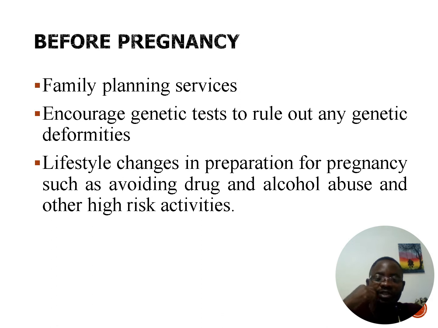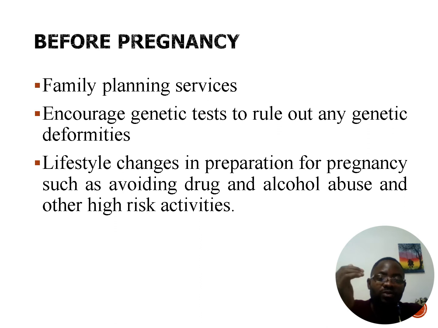Lifestyle changes in preparation for pregnancy, such as avoiding drug and alcohol abuse and other high risk activities. It's very important that this happens when the couple has not yet decided to conceive, or has decided to conceive now and they want to be off family planning.